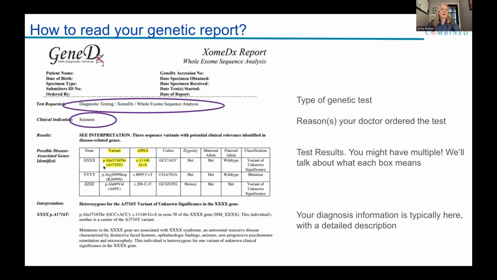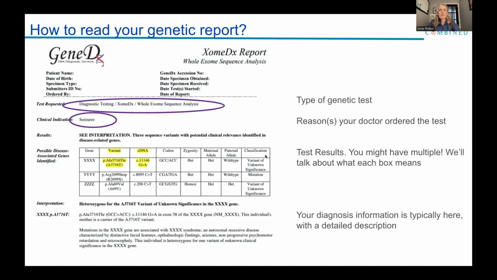So here I've highlighted in yellow, these are just examples, not real genes, but here you would have GRIN2B. You can see the amino acid variant, and then you can see the cDNA region, the change in cDNA that is associated with the particular GRIN2B genetic change.